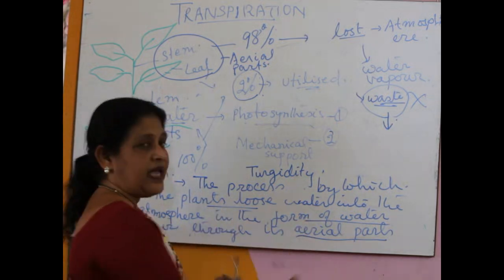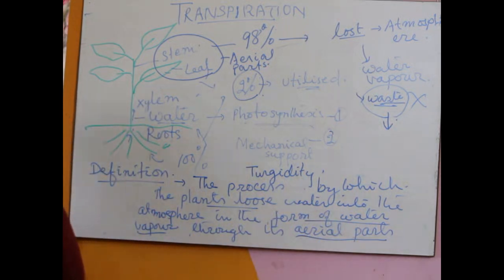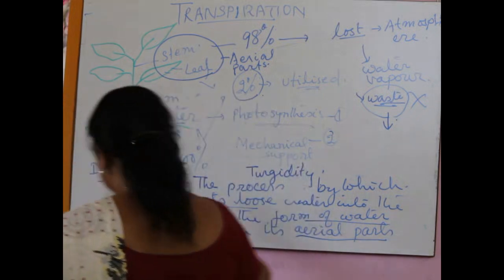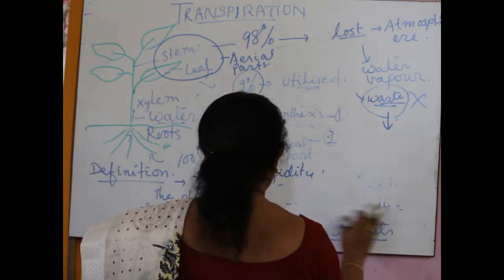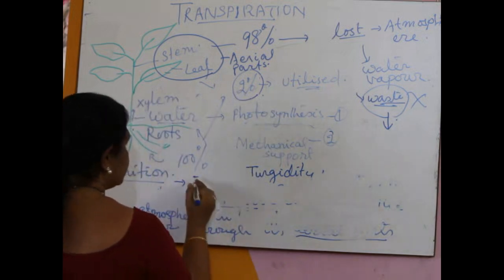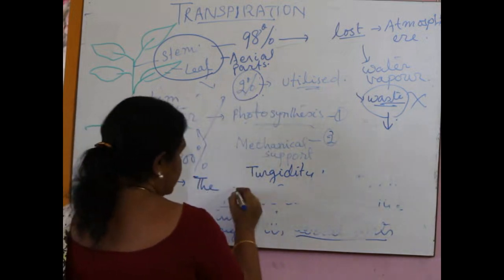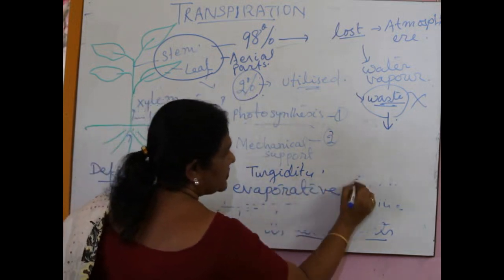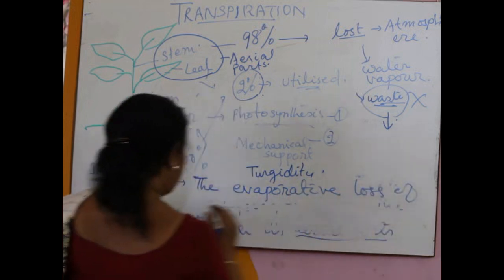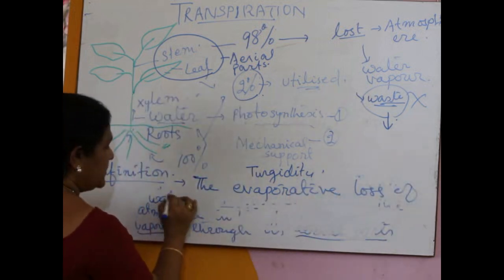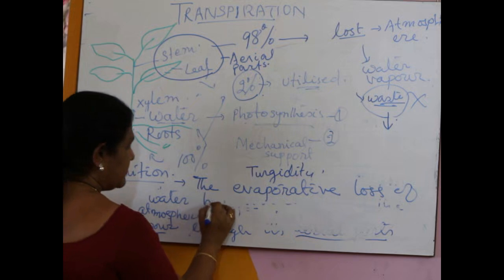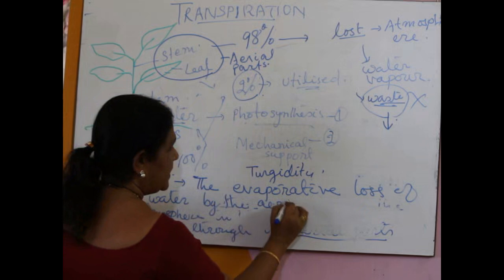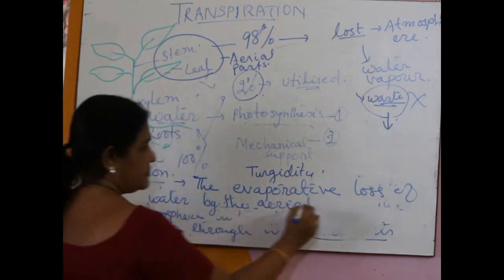Or else we can make it easier by saying that it is the evaporative loss of water by the aerial parts of the plant.